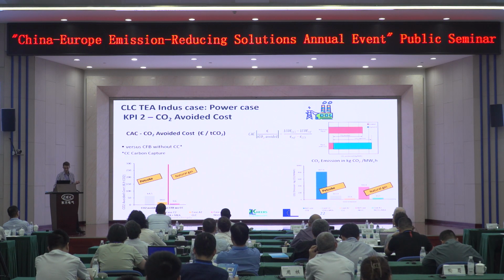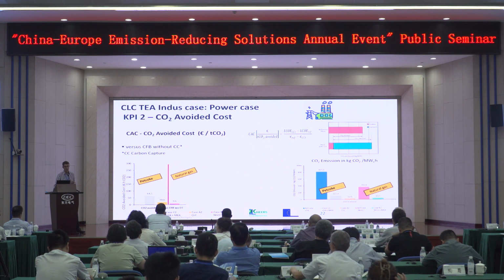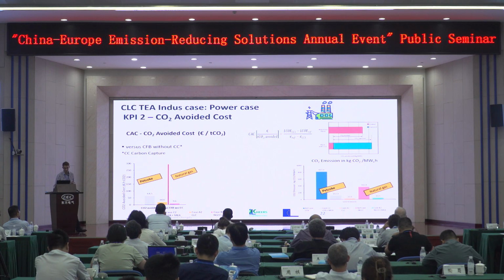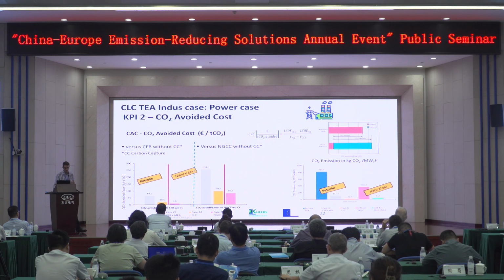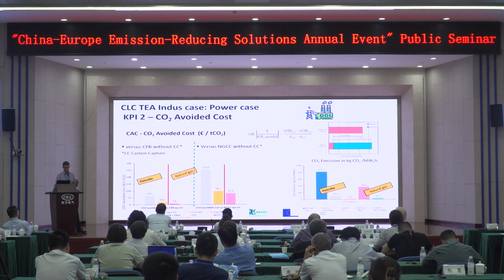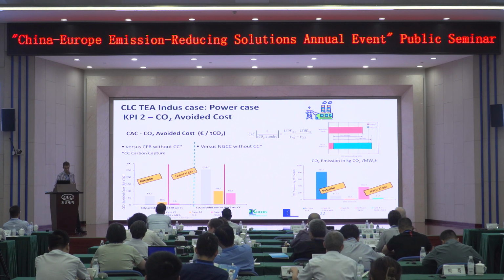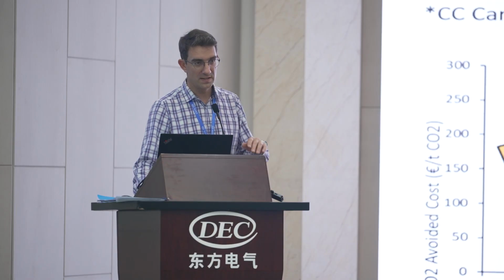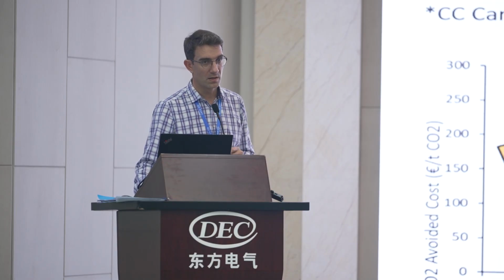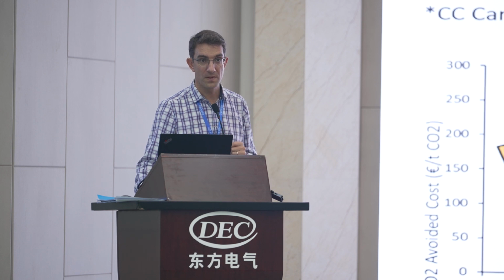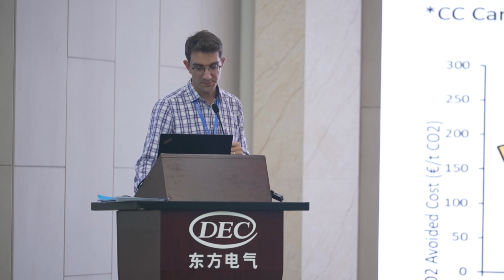But if you compare yourself with the NGCC reference case, without capture, natural gas burning is emitting half as much CO2 as solid feedstock burning, then you find again some figures that are more in line with the technology we know, like amine capture, around this 80, 90 euro per ton of CO2. This is a figure that we find in the literature for the amine capture.